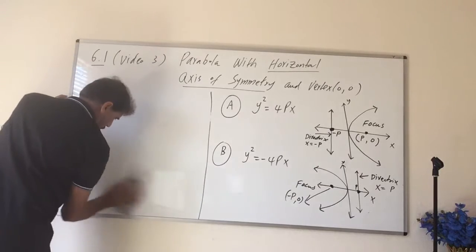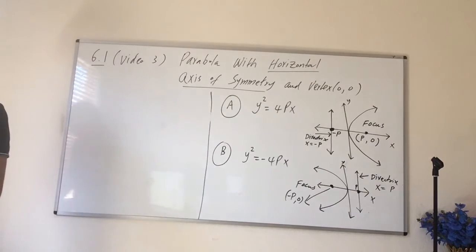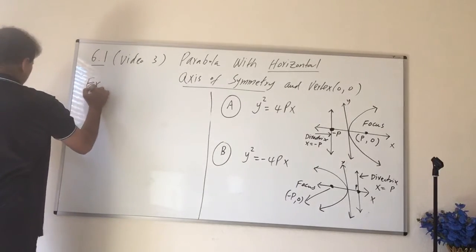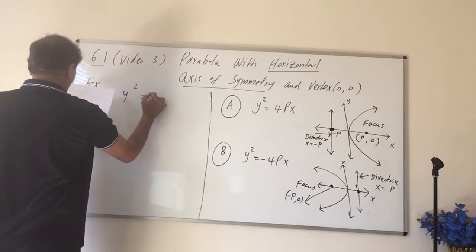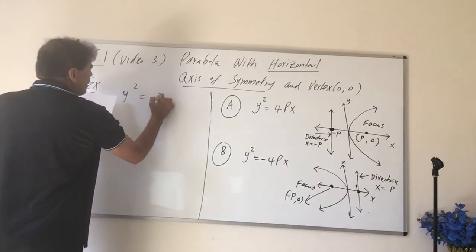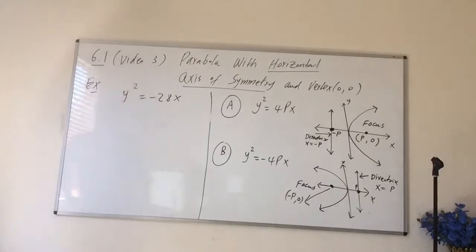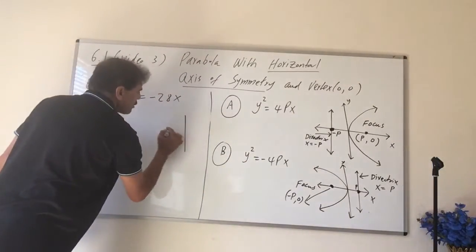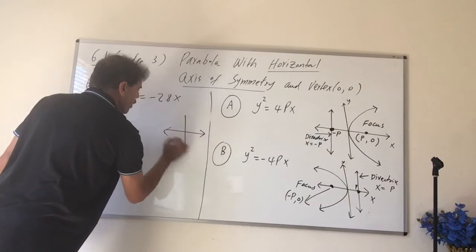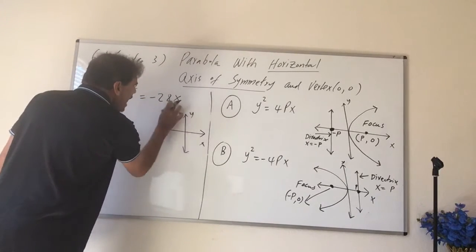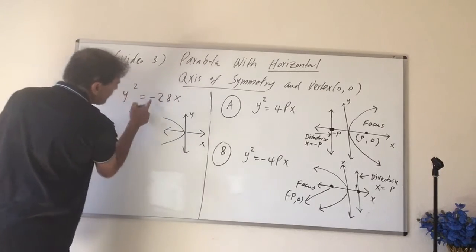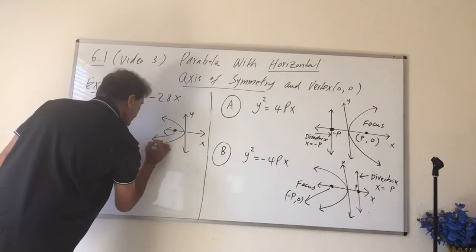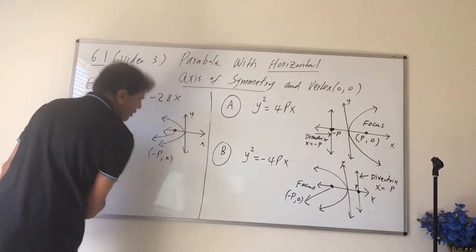This one is for the negative case, where we use the second relationship. Here is one more example: y squared equals negative 28x. Negative means we're going to use this relationship. Let's visualize the graph first. When you graph this one, it opens sideways to the negative side. This point here is the focus, which is negative p, 0.